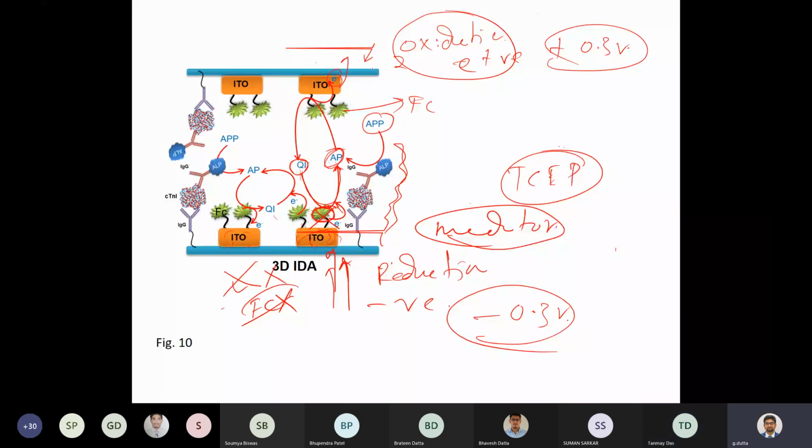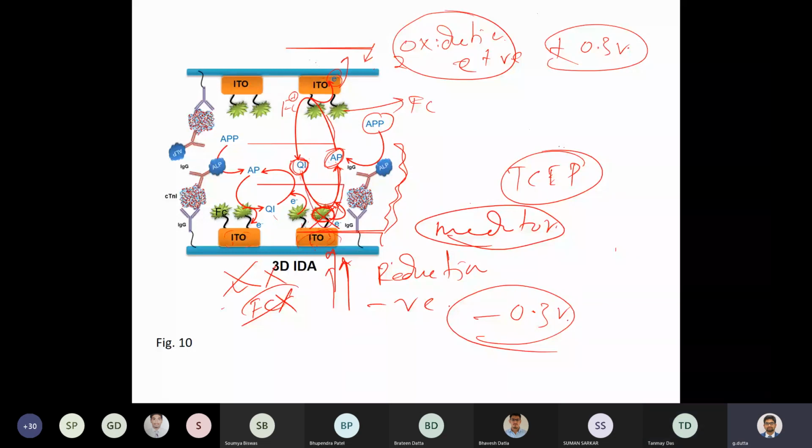So when you apply the oxidation potential, aminophenol reacts with the Fc plus, producing Fc0, and quinonimine is formed, and that quinonimine can be reduced on this electrode surface.